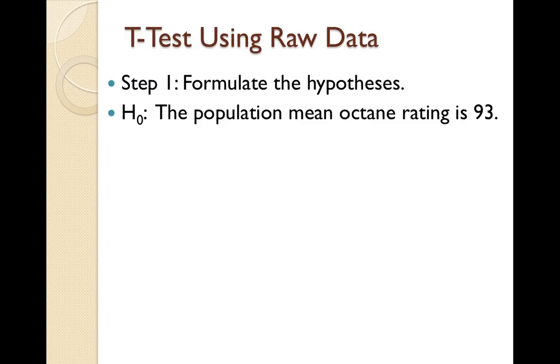The null hypothesis is that the population mean octane rating is 93, meaning that the new system doesn't increase octane rating at all. It will produce an octane rating the same as the old system or the old process. So mu equals 93.